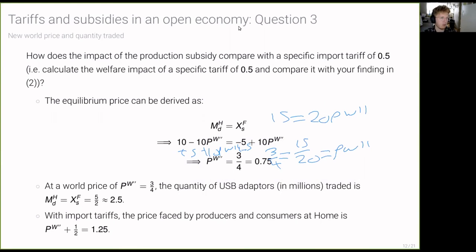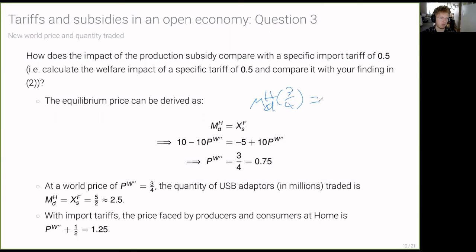From there, if I want to figure out the quantity of USB adapters that's traded, I can take home's import demand and plug in 3/4, the new price. That's 10 minus 10 times 3/4, so 10 minus 7.5, which is equal to 2.5.